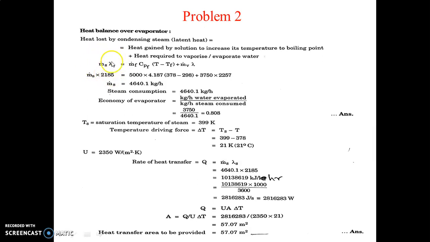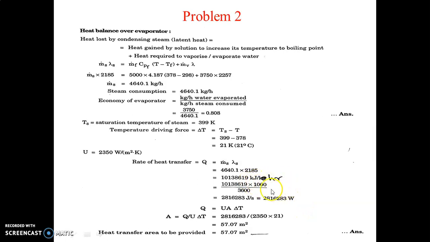This is actually Q. So m dot s lambda s, this quantity is Q. If you multiply 4640 by 2185, which is lambda s, we get Q in kilojoules per hour. But in this problem we require this value in watt. Watt is nothing but joules per second.